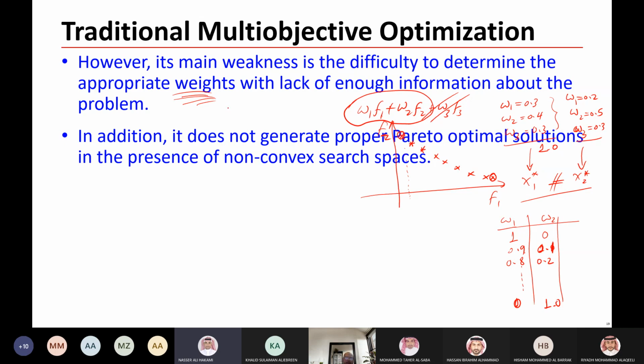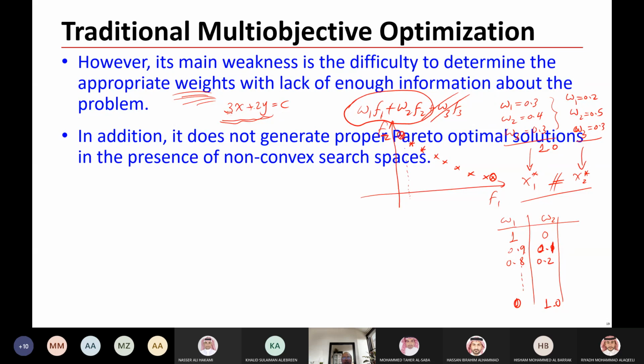For example, if you have 3x plus 2y equal to a constant, this represents a straight line equation, right? Yes. And these coefficients play with the slope of the line.